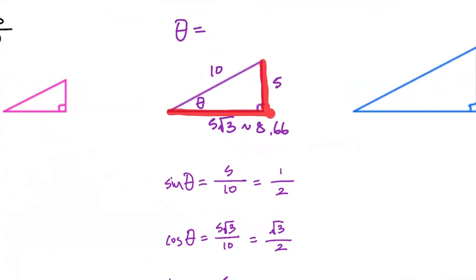Also, because I drew this in advance, I knew that I drew this side to be smaller than this side. What do we know about angles and sides? If angle A is bigger than angle B, what do we know about side A and side B?